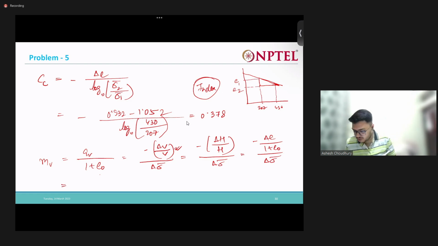So av I have already calculated. What was my av? It was 5.38 into 10 to the power minus 4, over 1 plus e naught. e naught here is 1.052. So I will get 2.62 into 10 to the power minus 4.